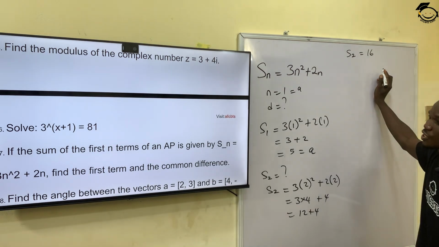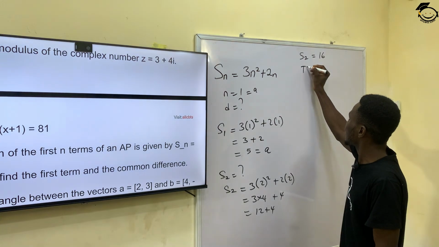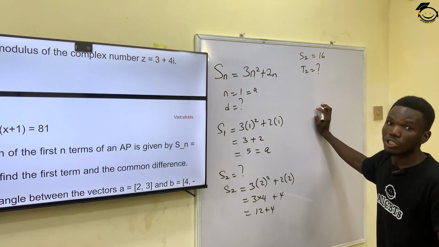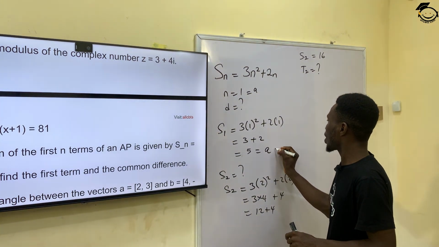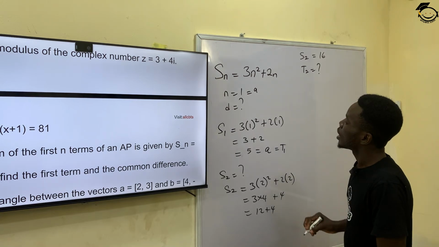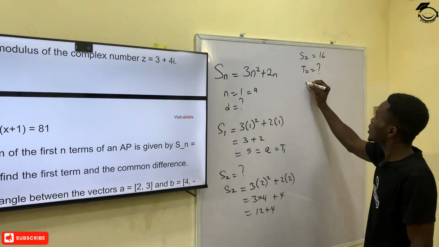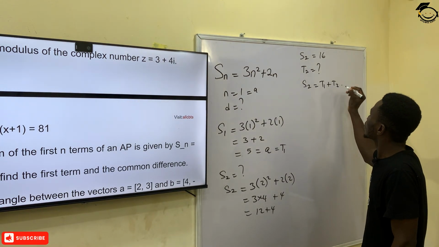So if my S2 is 16, I have to find out what the second term is. It means that T2 is unknown, because S2 here is telling me what? The summation of T1 and T2. Please note that my T1 is also equal to a, and that is the first term.